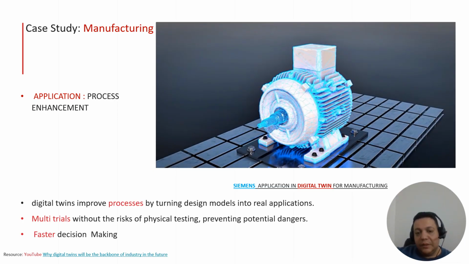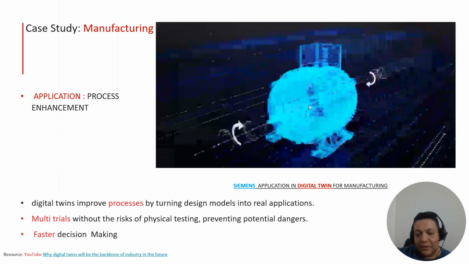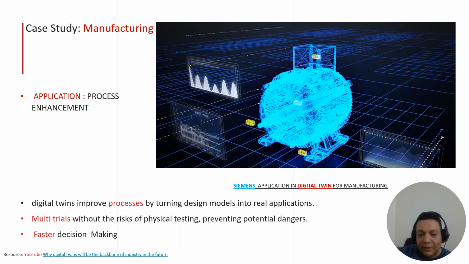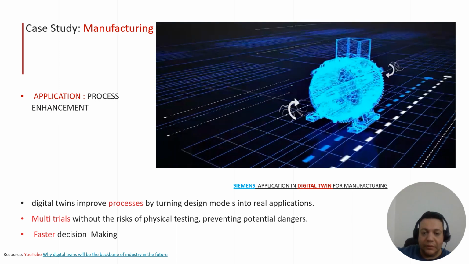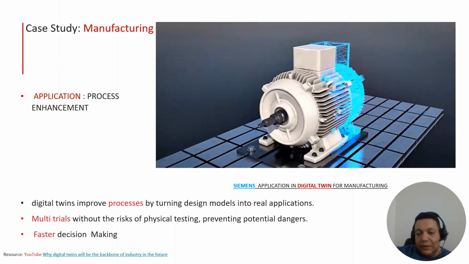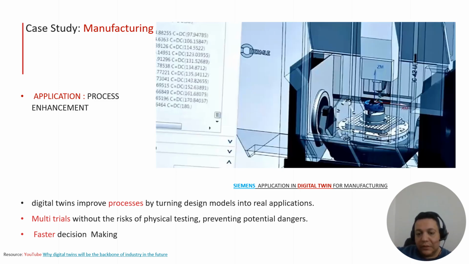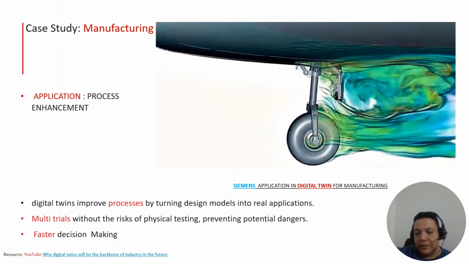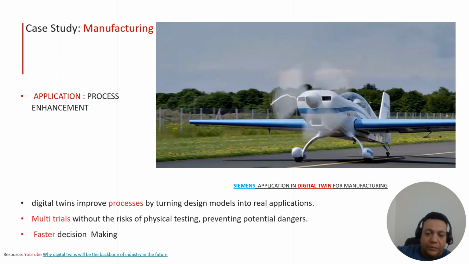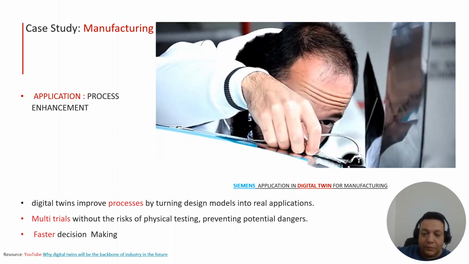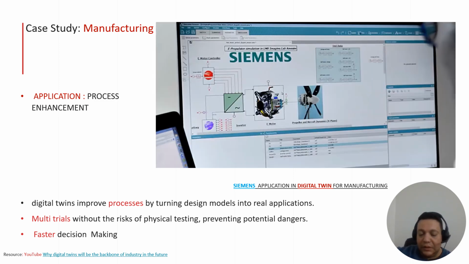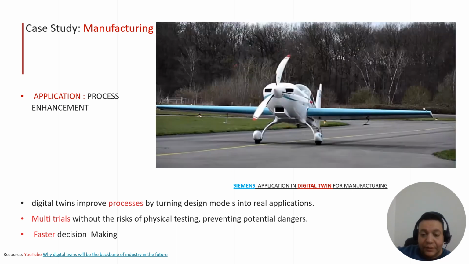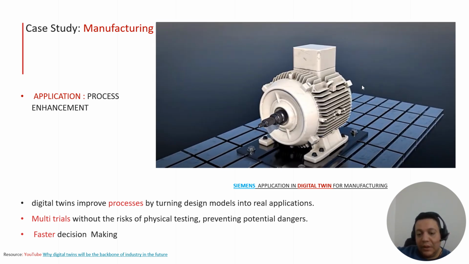Second study, you can see manufacturing, and if we can see what digital twin is doing, like in the Siemens case, they are now using digital twin for assembly, showing the movement and the work of their equipment before it goes to physical, and even connected to sensors to take measurements that were not really easy to take before, like thermal measurement and the stresses that happen through the motors.